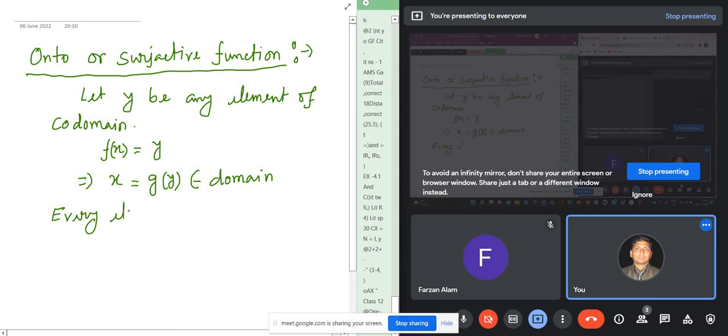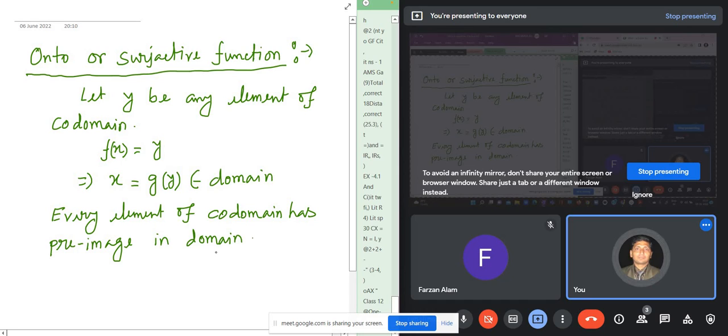every element of the codomain has a pre-image in the domain.